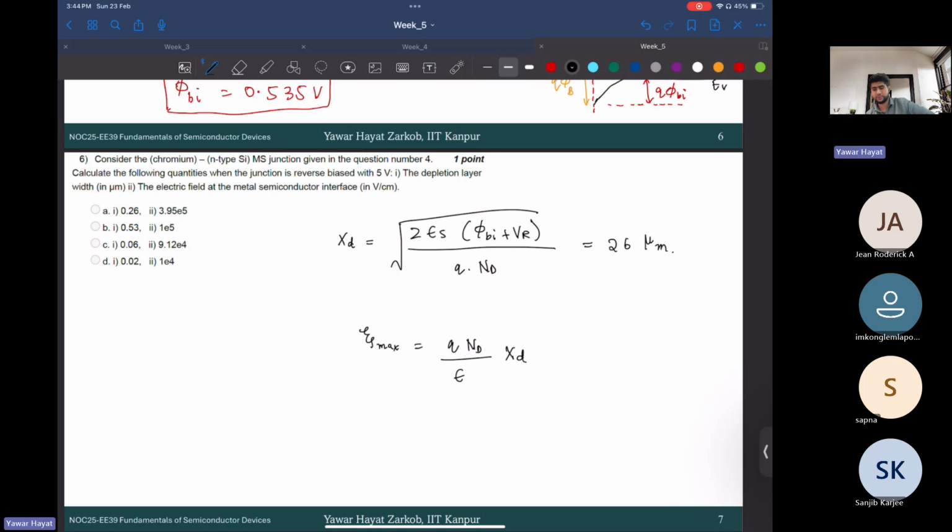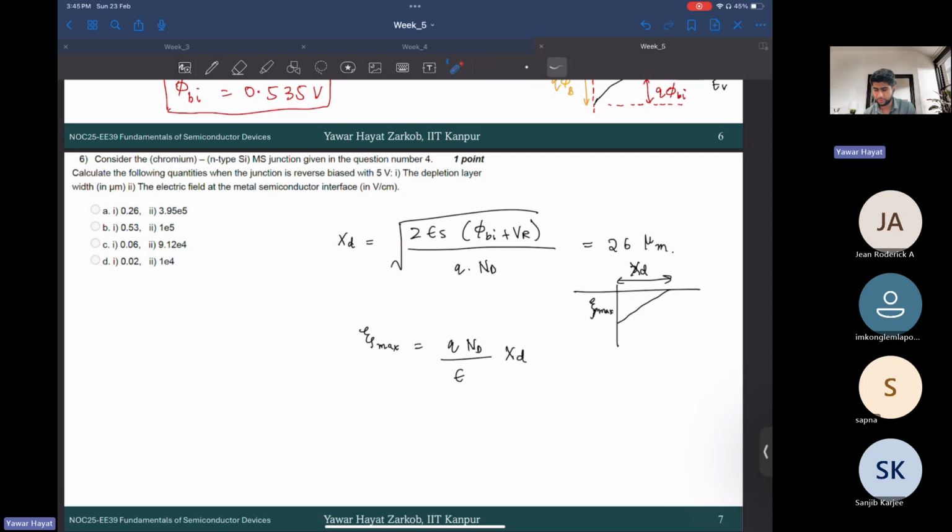Do you agree with this? See, the reason is this is xt, right? I'm interested in finding this E max.